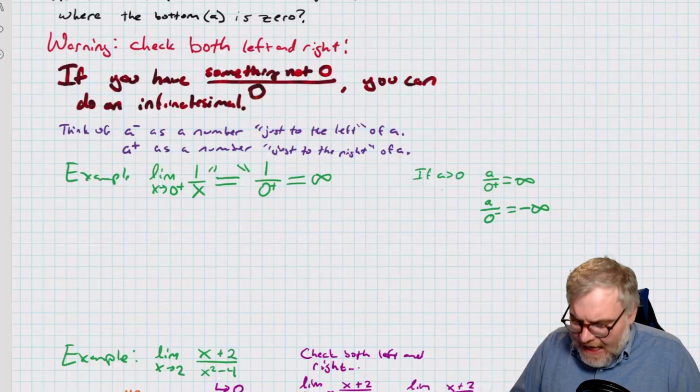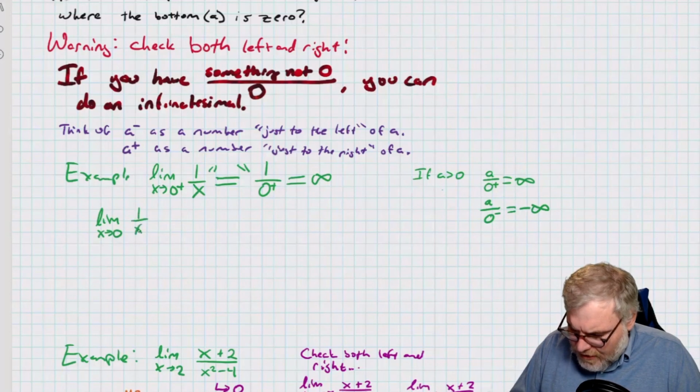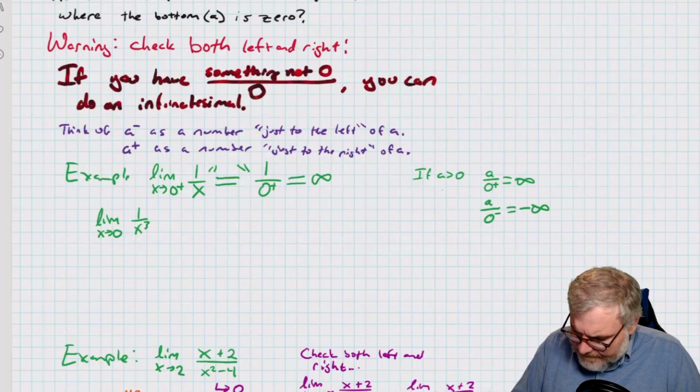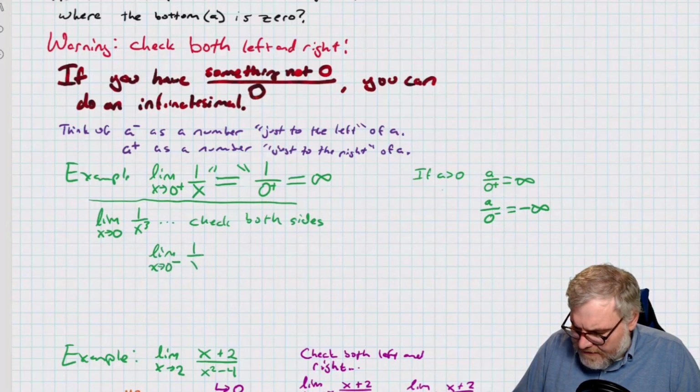I have to check both sides, right? So here's another example. The limit as x goes to 0 of 1 over x cubed. Now, I need to check both sides. The limit as x goes to 0 from the left of 1 over x cubed equals 1 over 0 left cubed.